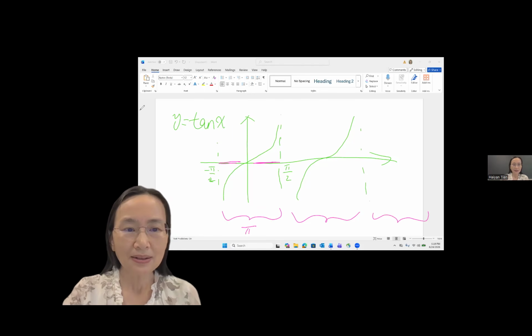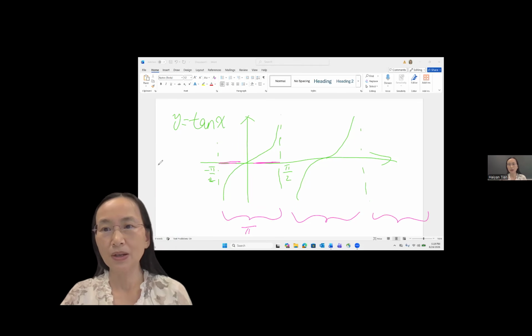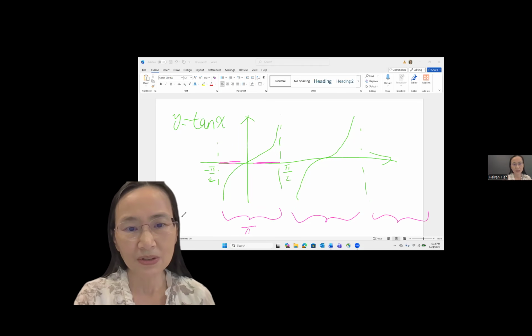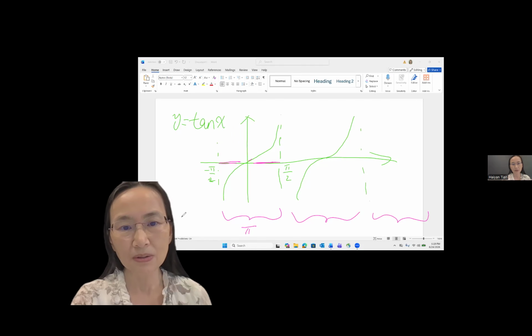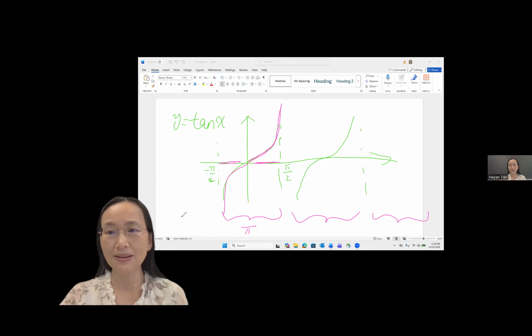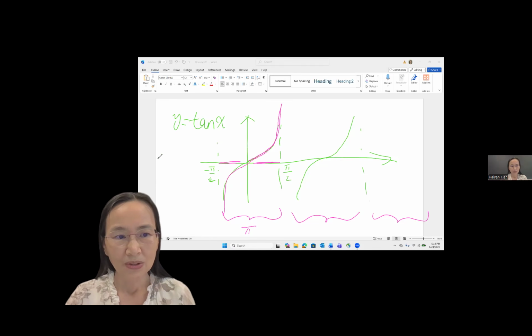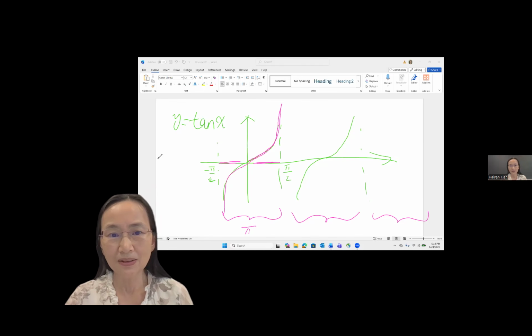But why this curve? We do not talk about amplitude, because this curve is unbounded. You see, it goes all the way to infinity and all the way to negative infinity, can be as big as possible, right? So the tangent value is not bounded.